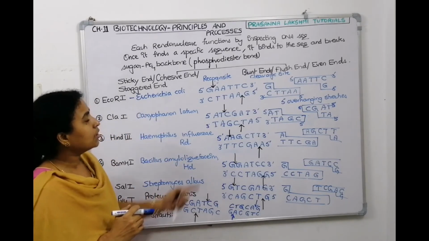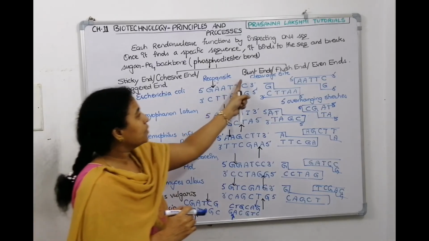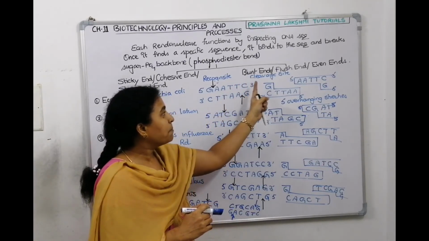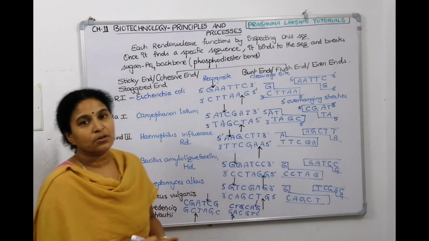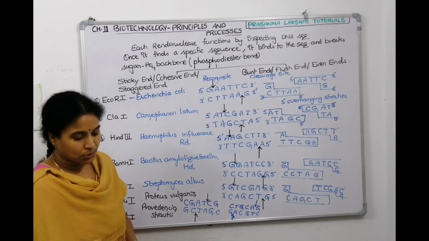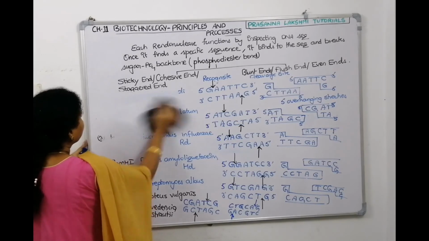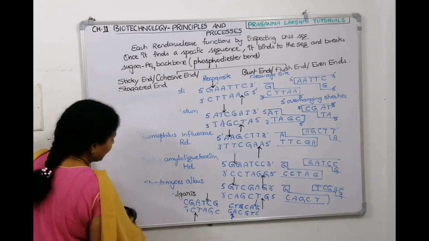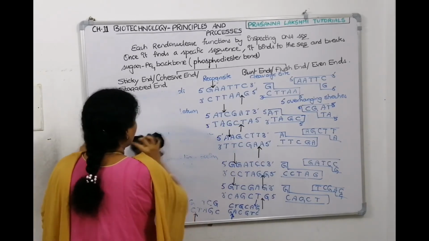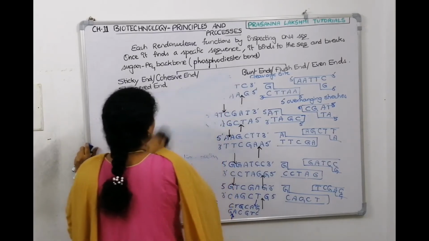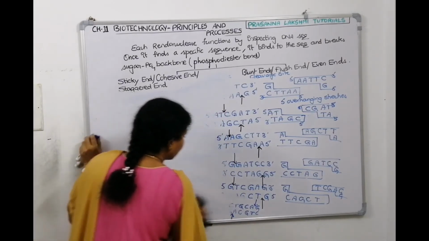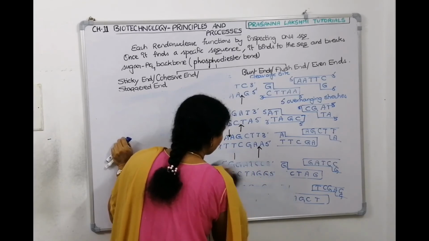You took a screenshot. Now I am going to rub it and we are going to see similar examples for blunt ends also. Can I erase this now? I am telling that we need sticky end enzymes only. But we have to look into what are the enzymes which can make blunt ends also, no?